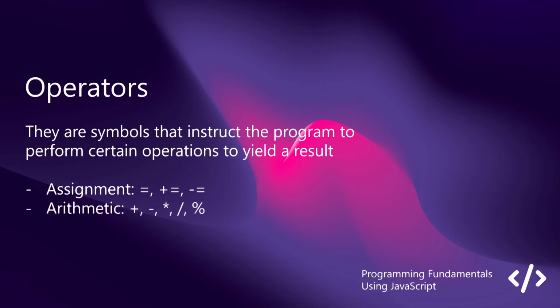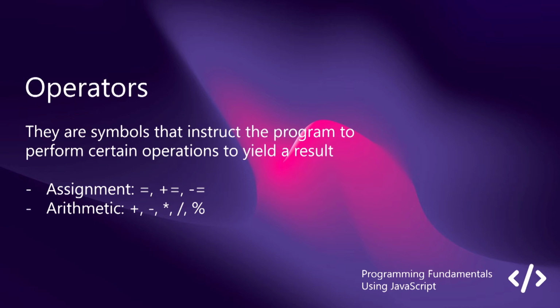We have arithmetic operators, and we haven't really used these yet, but you should have seen them already, even if you haven't written any program before. Arithmetic operators simply do mathematical operations. For instance, addition, subtraction.